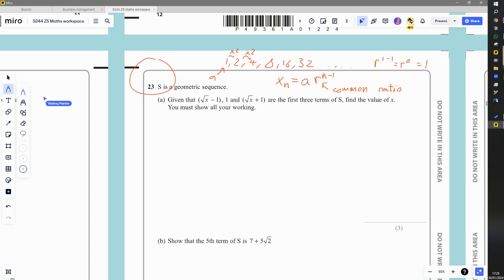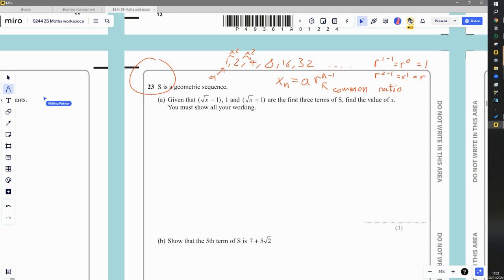That's why a is the first term. Then we multiply it by the common ratio. So we multiply a by r when n is 2, because we end up with r to the power of 2 minus 1, which is r to the power of 1, which is just r. So we're multiplying it by the common ratio.